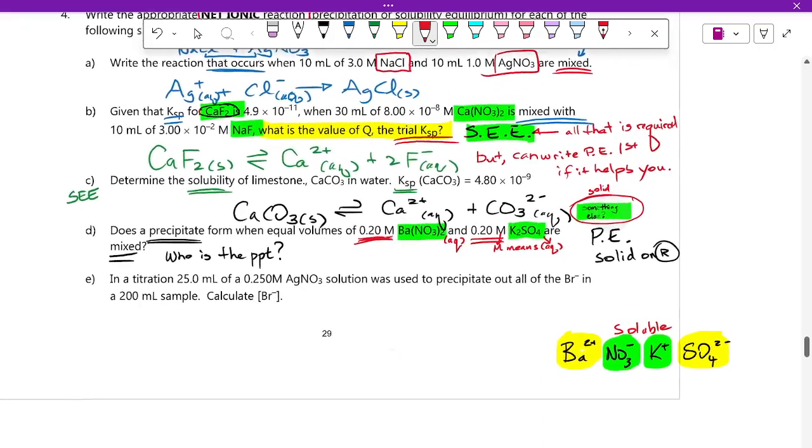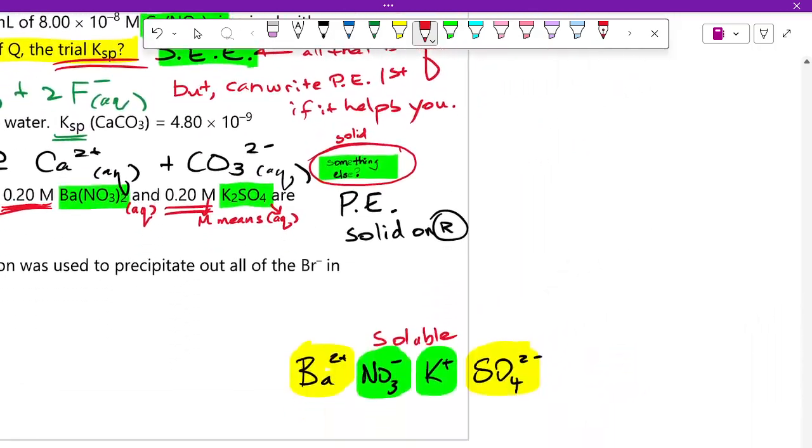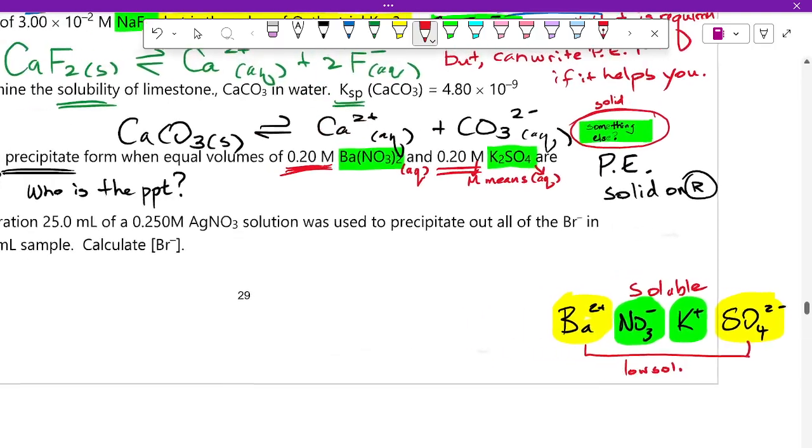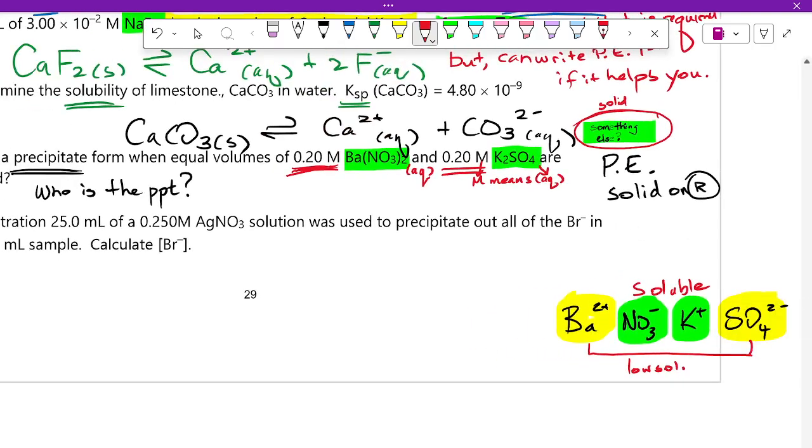Although it does ask, does a precipitate form? So it doesn't imply that there definitely is a precipitate. So unless you happen to know that barium and sulfate are low solubility, you would have to look that up. I happen to know that barium and sulfate are low solubility. And so we would then write the precipitation equation. Where does our solid go?